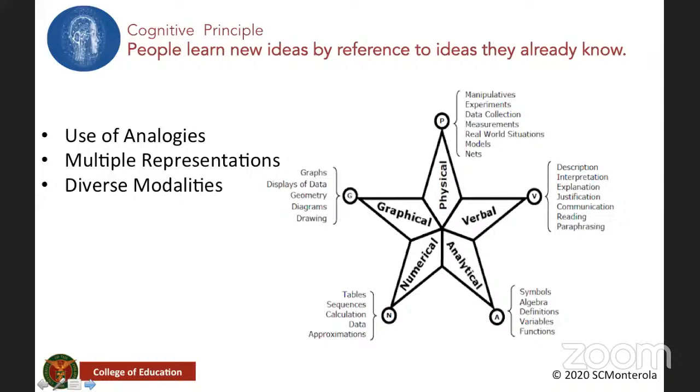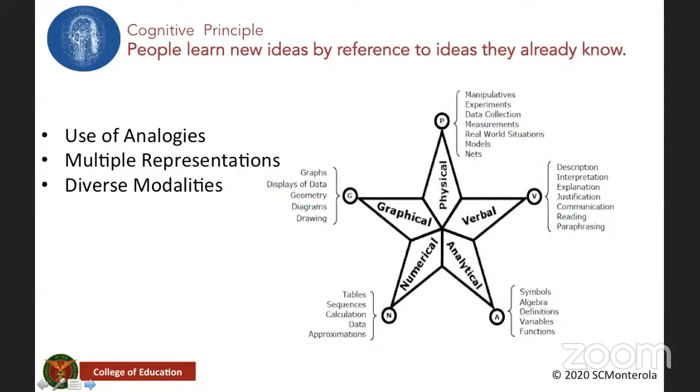Another is analytical, making use of symbols, functions, and other variables to capture the new concept. These are examples of teaching strategies to support this cognitive principle, people learning new ideas by referencing ideas they already know.